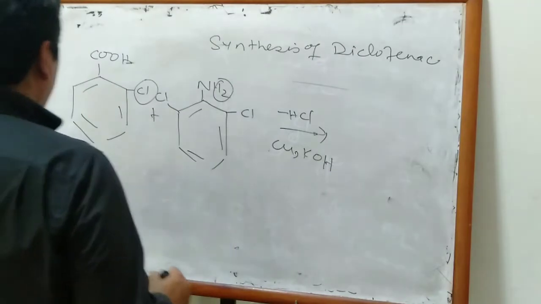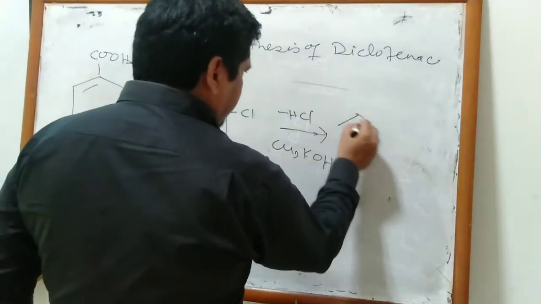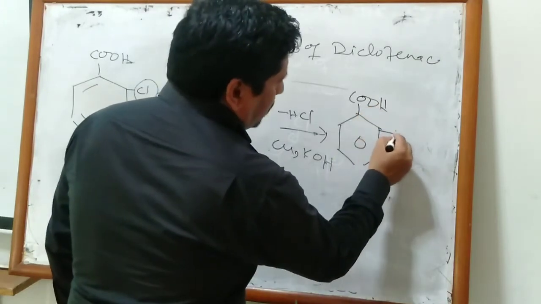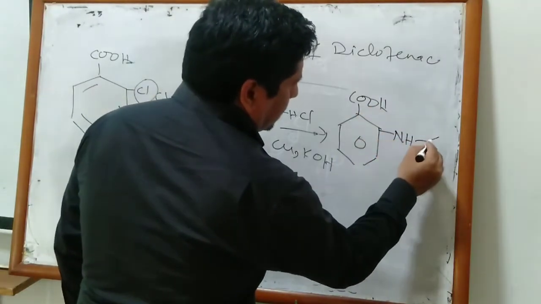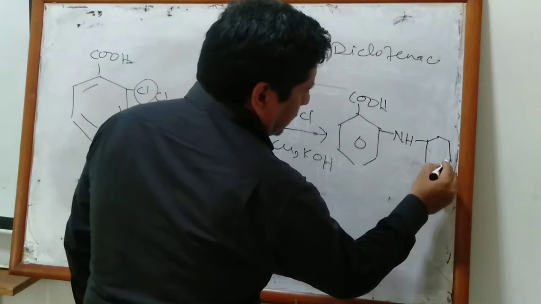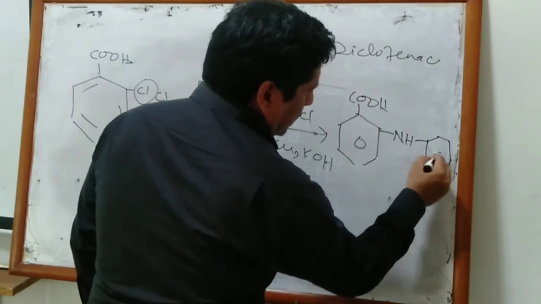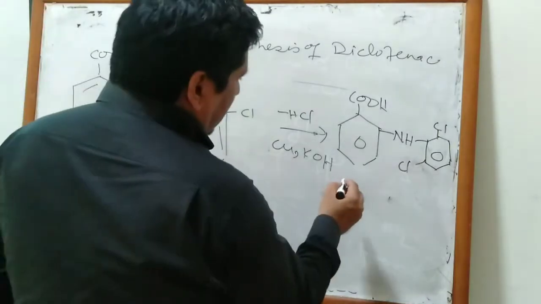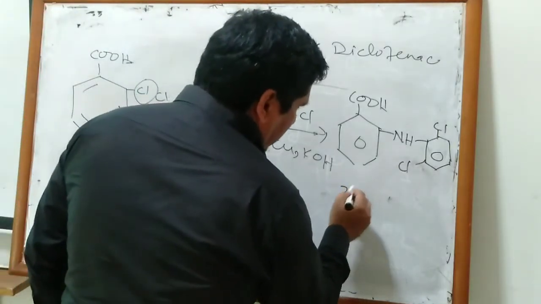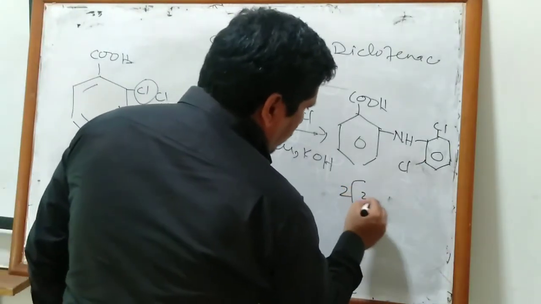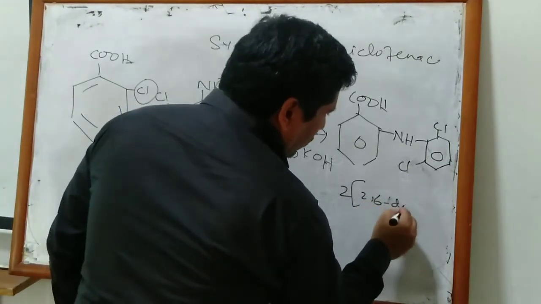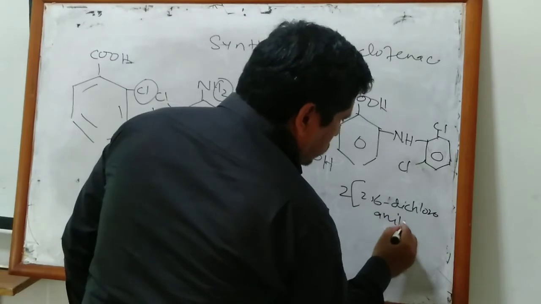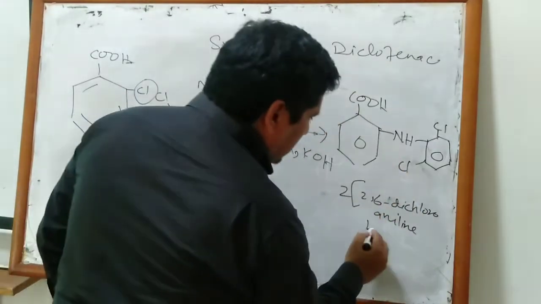Your next product formed will have a bridge of NH group, with the presence of 2 rings, and Cl. That is called 2,6-dichloroanilino benzoic acid.